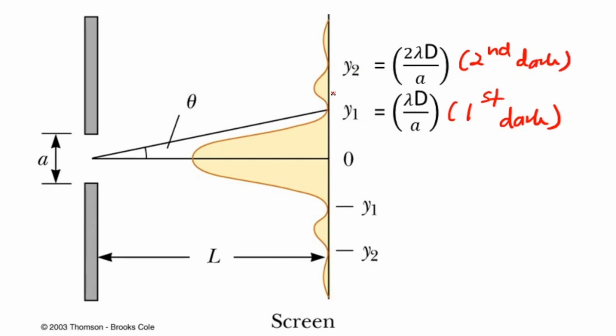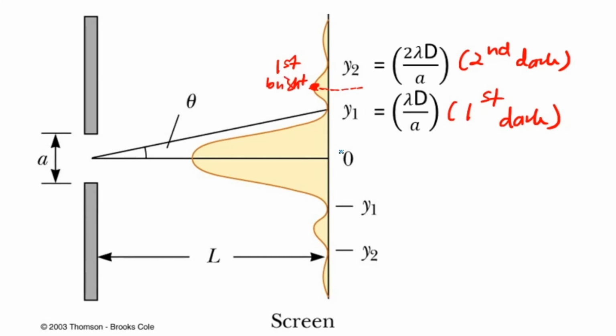The first bright fringe can be obtained at the midpoint between the dark fringes. So we have the first and the second dark fringe, and the position of the bright fringe should be midway between the first dark and the second dark, which is at this position, and this is the first bright.